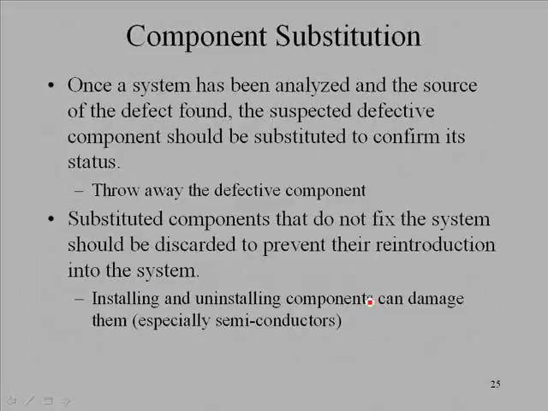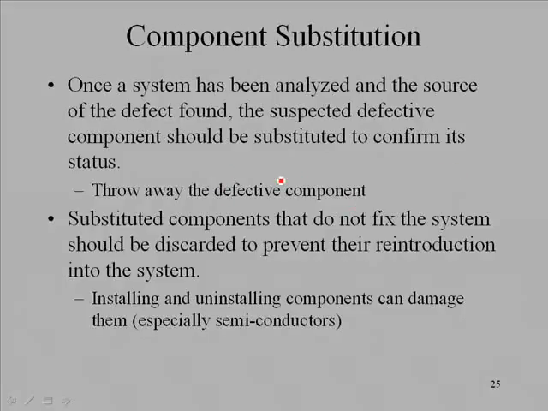Component substitution. Once a system has been analyzed and the source of the defect found, the suspected defective component should be substituted to confirm its status. So, you find a component that you suspect is bad, then you replace it. Well, the component that you have replaced, at any rate, needs to be disposed of.